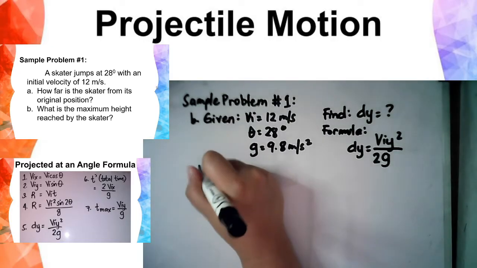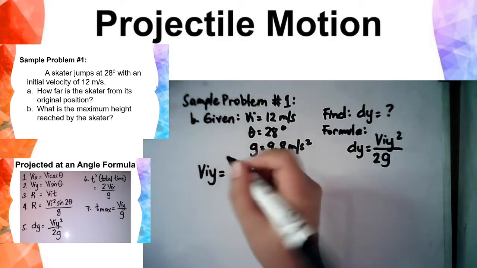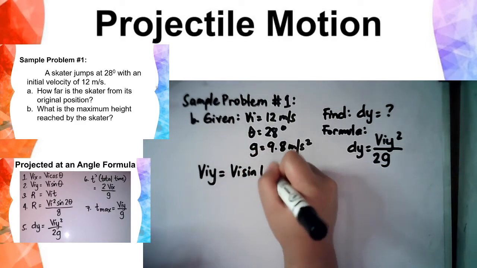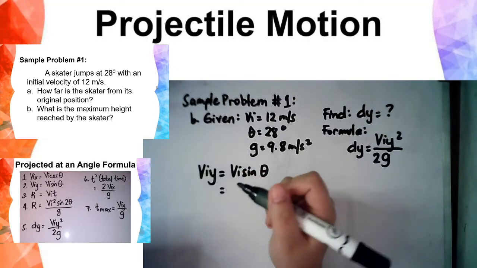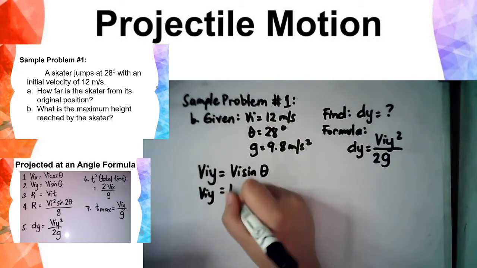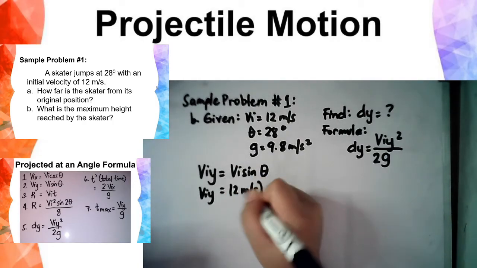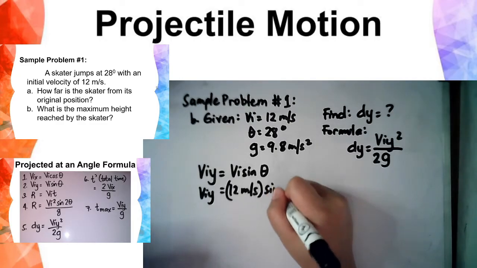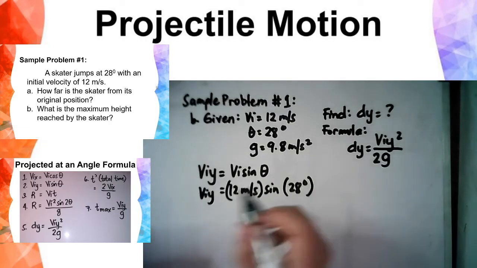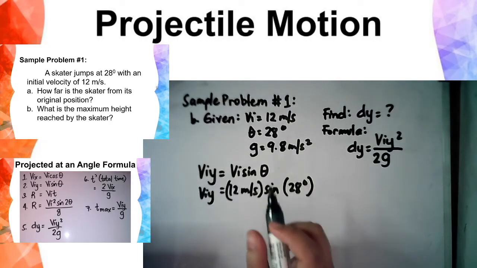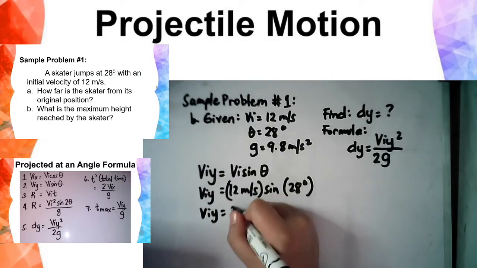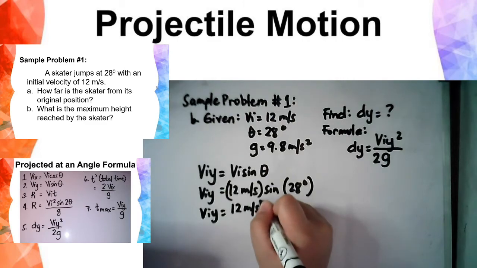So we have here viy is equal to vi sine theta. So we have viy, vi or the initial velocity 12 meter per second. Sine theta, we have the angle 28 degrees. Okay? So ang gagawin lang natin dito, itong 12 meter per second, dito muna yan, 12 meter per second.